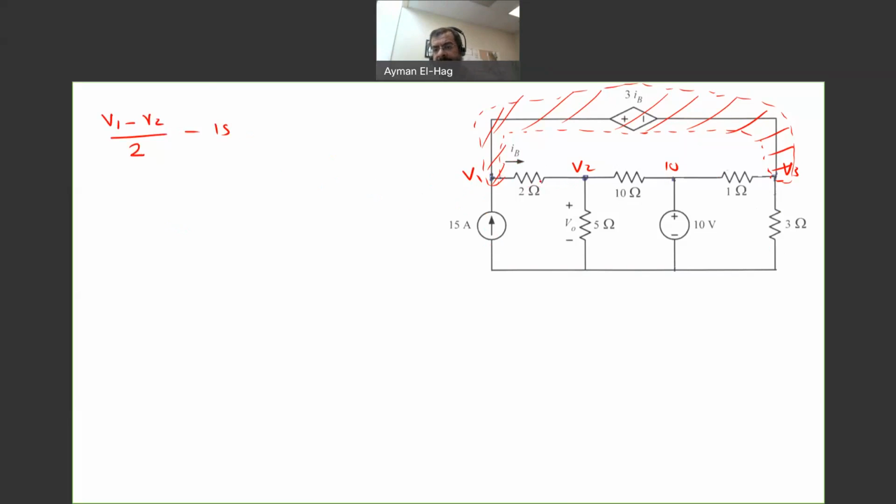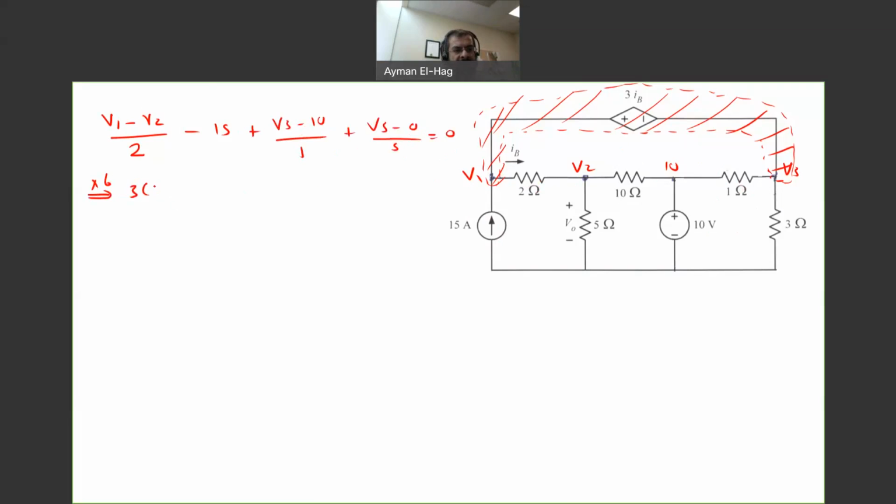Now, this is done, so to go to the other side, plus to the left, V3 minus 10 divided by 1 to the bottom, plus V3 minus 0 divided by 3 equal to 0. So multiply by the least common denominator, multiply by 6.